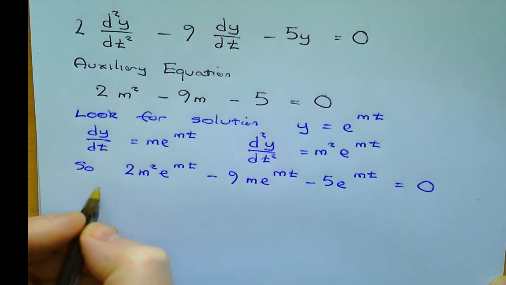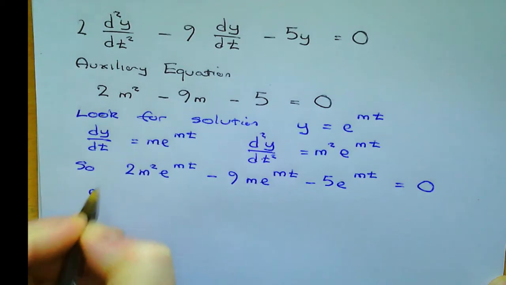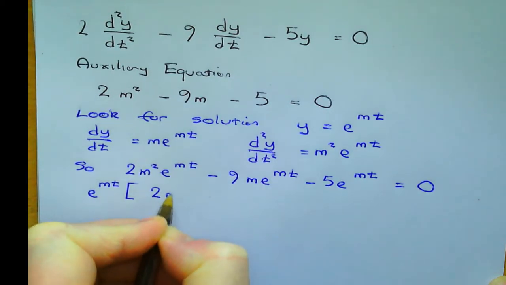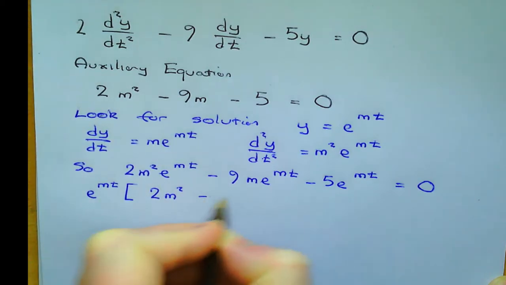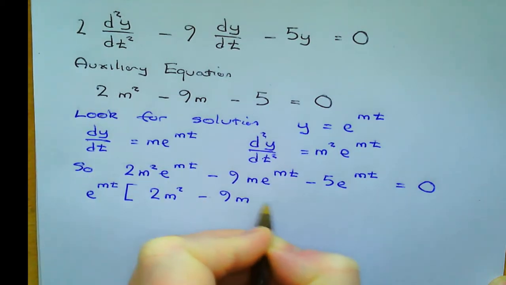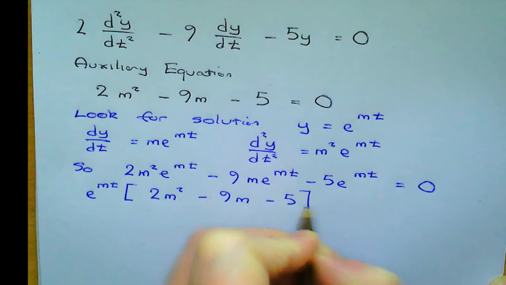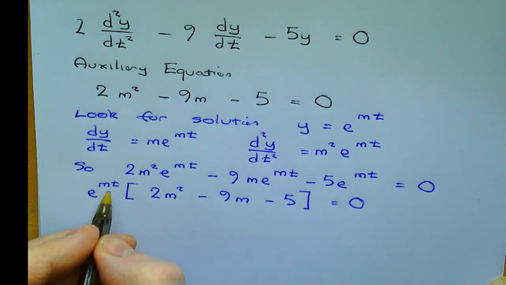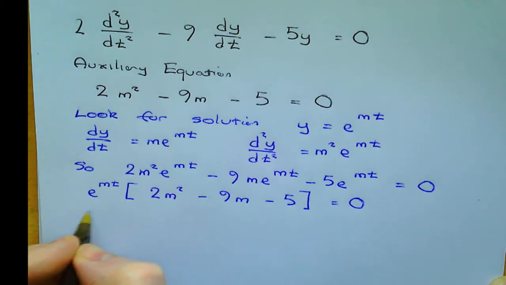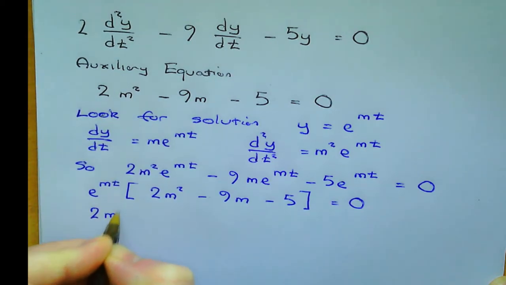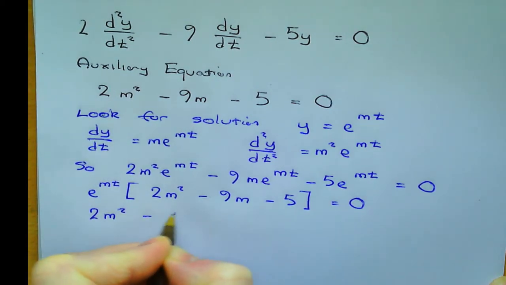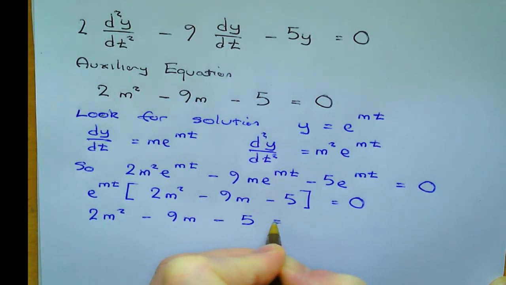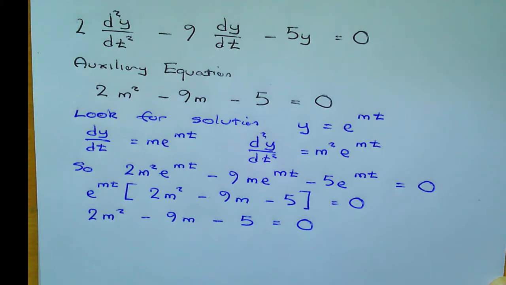Well, we can factorize, we can take out an e to the m times t, and we're left with 2m squared minus 9m minus 5. If that equals 0, well, the exponential can't equal 0, so we do indeed have the auxiliary equation 2m squared minus 9m minus 5 is equal to 0.